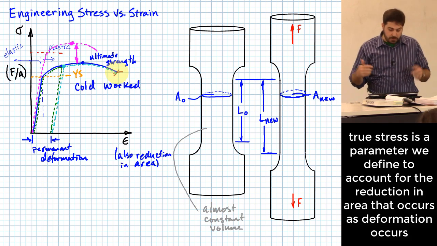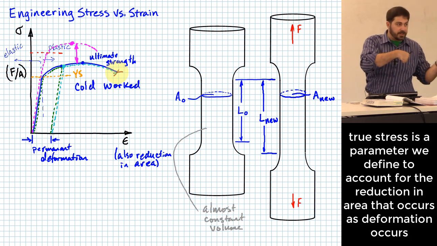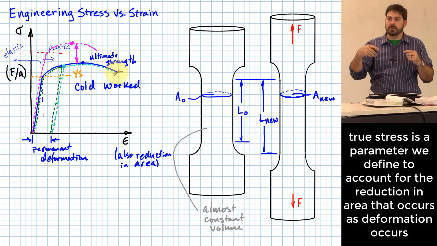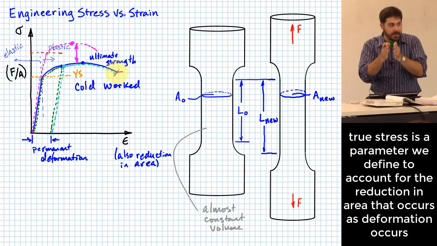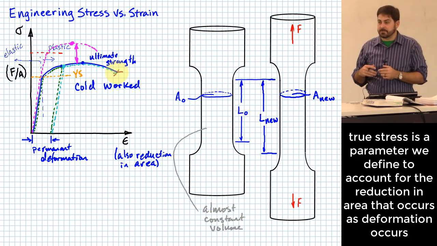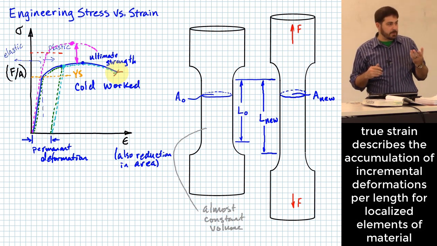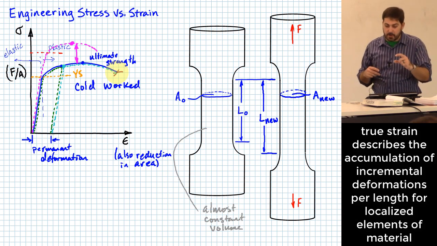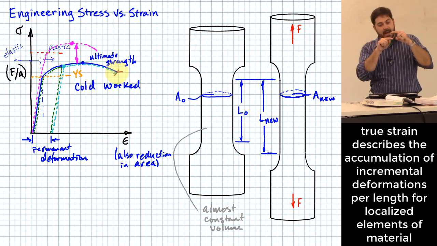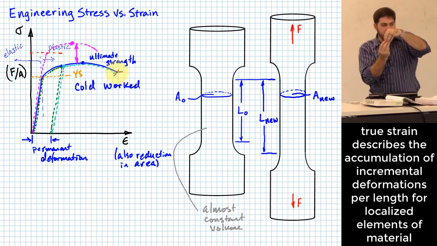And what you do with true stress is, instead of taking the force over the original area, you take force over the current area. And that gives you this idea of a true stress. True strain is another thing we can come up with. With strain, we're trying to work out how far the individual particles of the material have had to move relative to one another as the material begins to slip.